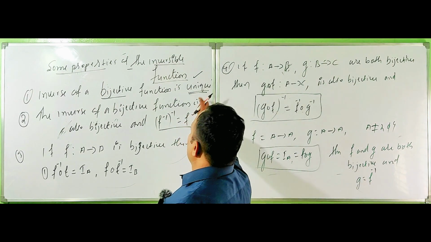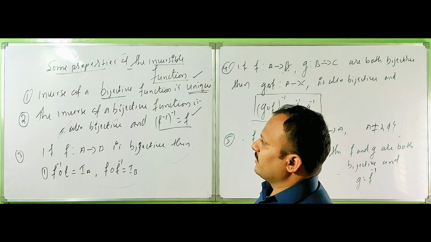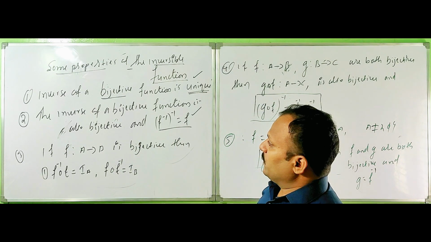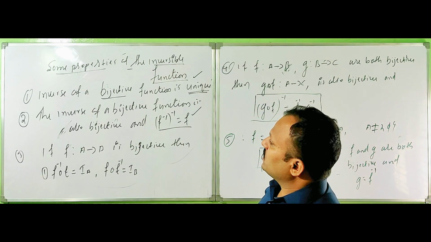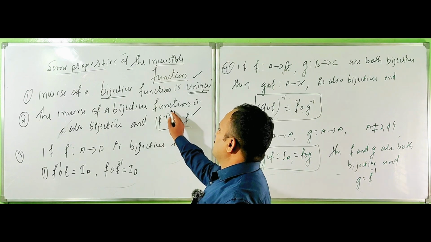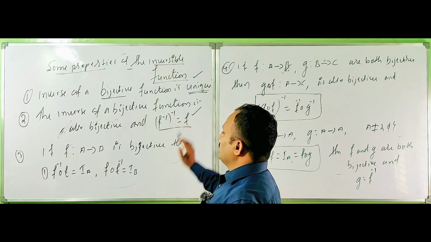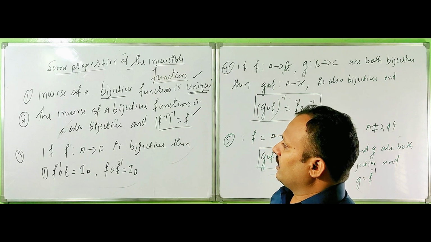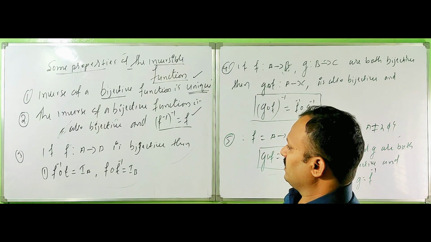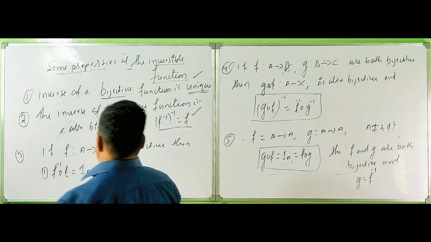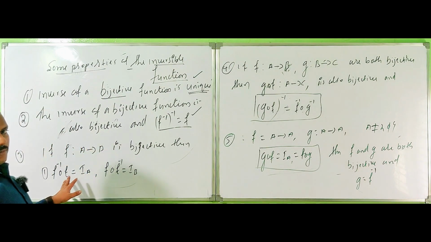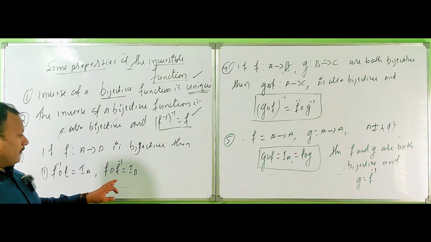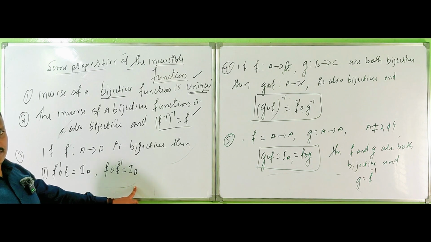If it is not unique, it is not bijective, so it has no inverse. The inverse of a bijective function is also bijective. If f from A to B is bijective, then the identity function from A to A is called I_A, and the function from B to B is called I_B.